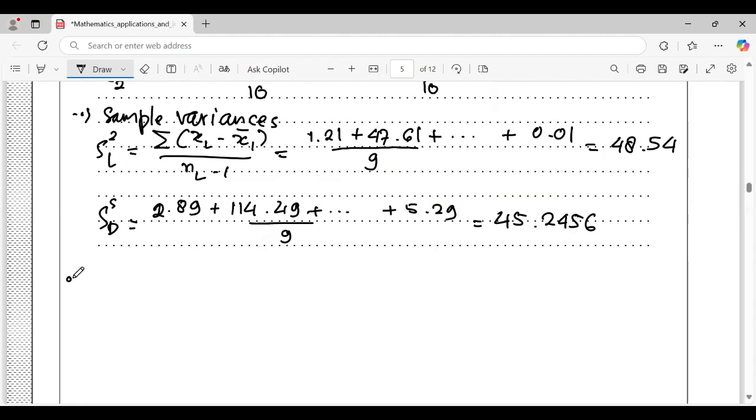And the third step is the pooled standard deviation. SP means pooled standard deviation.